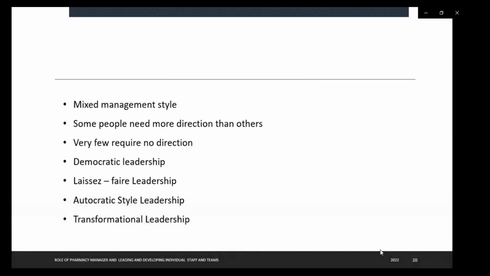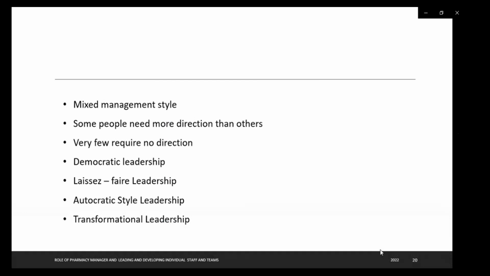It's good to know the different styles of managing and to know exactly when each style has its advantages, especially in a busy pharmacy where productivity is key while still maintaining good customer care and patient safety. Actually, I'm using a mixed management style. The democratic leadership style is the style which I use the most.